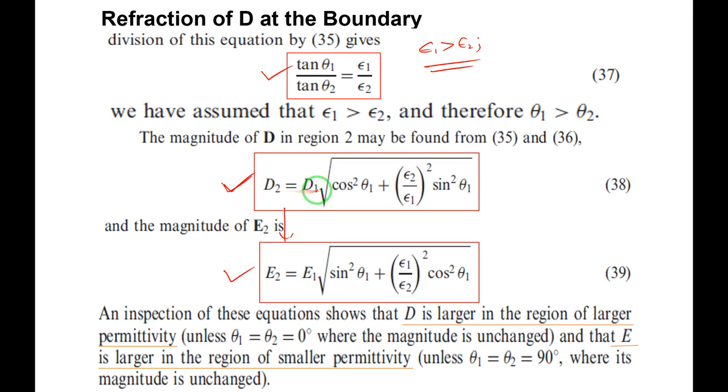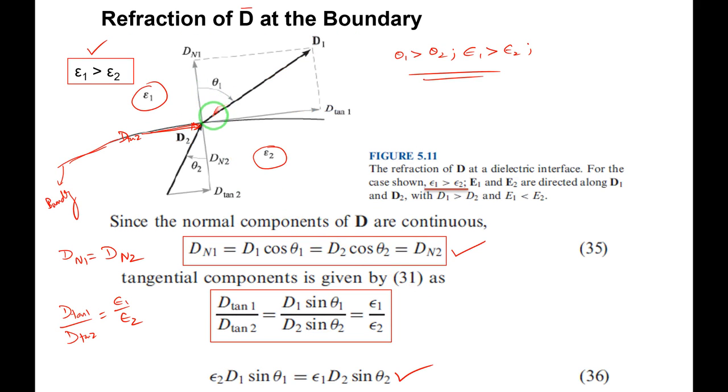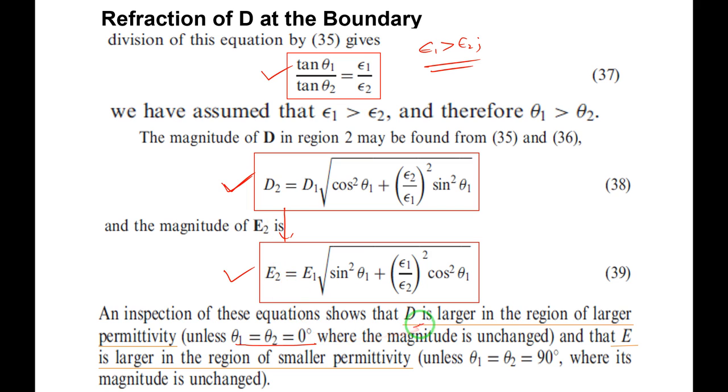D2 will be equal to D1 whenever theta 1 is equal to theta 2, that is, whenever theta 1 and theta 2 are 0. One more thing: the refraction of D is larger in the region of larger permittivity, and the refraction of E is larger in the region of smaller permittivity.